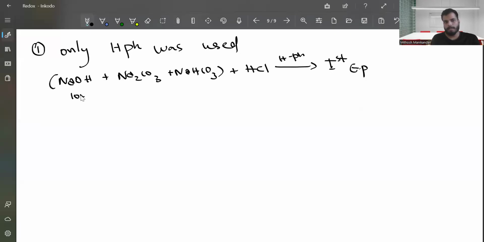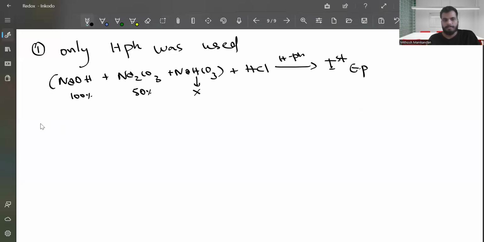So NaOH will be 100% used, Na2CO3 will be 50% used, and NaHCO3 will not be used at all. HCl wouldn't have neutralized any NaHCO3. So let's write the concept of equivalence.